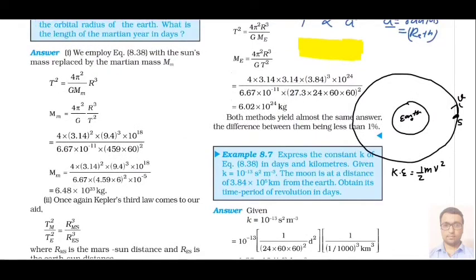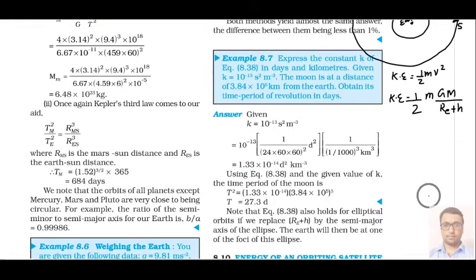Here I am using the same expression, because we have velocity square. So I will write kinetic energy equals half of mass of satellite into GMe upon (Re + h). So this is the expression for kinetic energy.